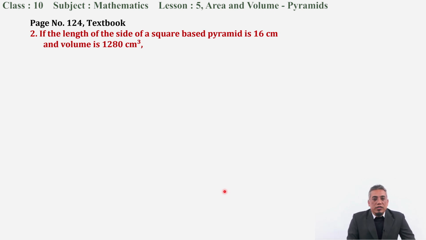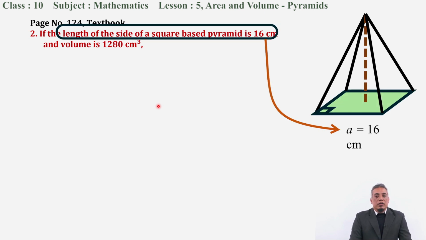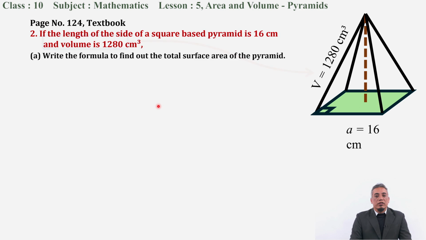I'm going to conclude this class by giving you some home assignments. The first one is this question. It's on page number 124 of textbook, and it reads as, if the length of the side of a square base pyramid is 16 centimeter and volume is 1280 centimeter cube, you can see here the values are written.